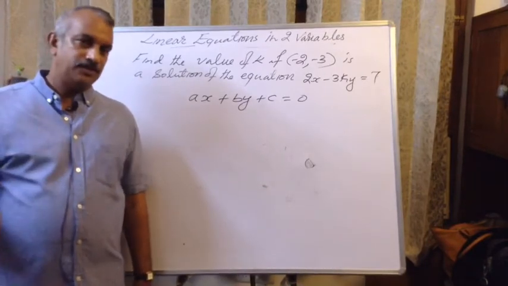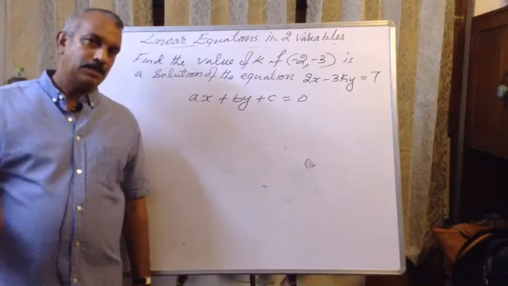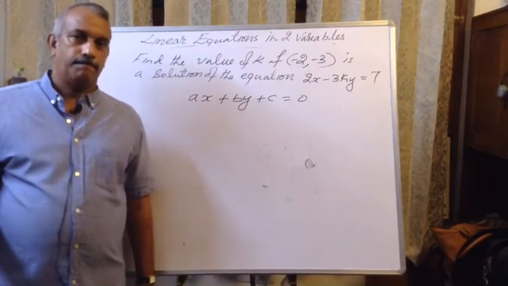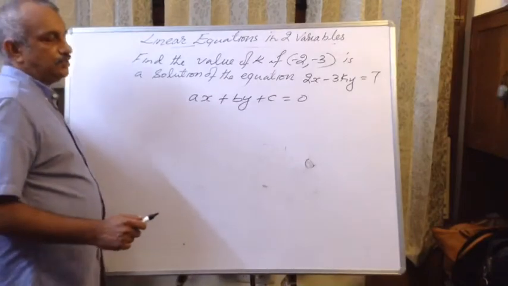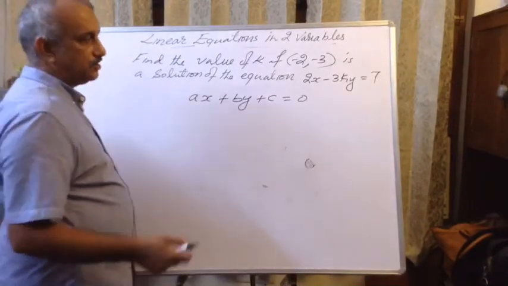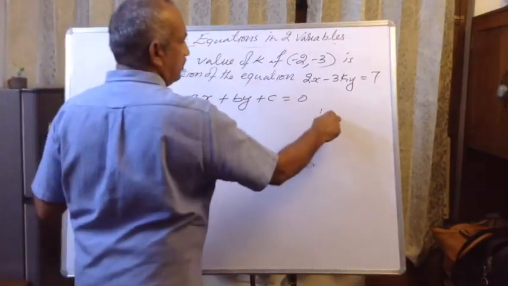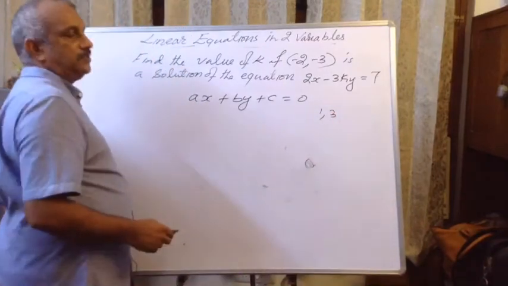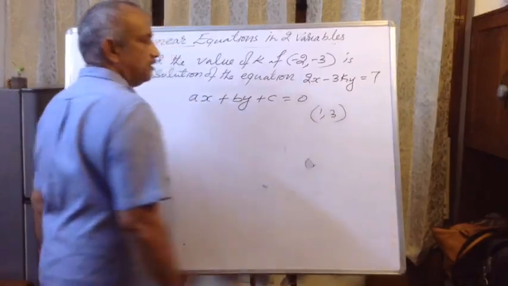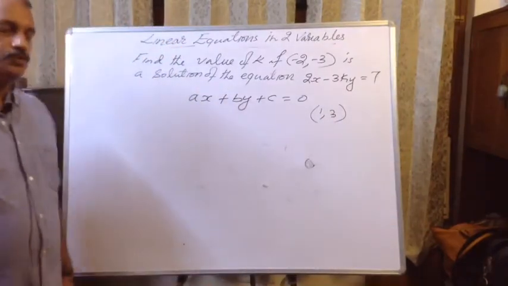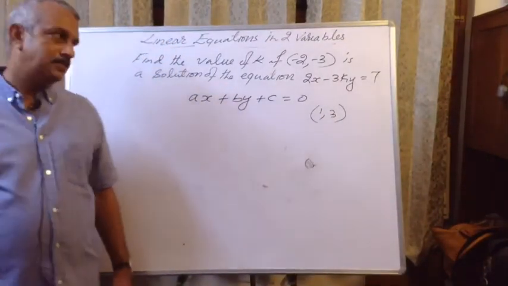If your graph is not a straight line, that means your calculation is wrong. That is why if you find three solutions, means x is equal to 1, 3, means when you put x is equal to 1, suppose y you are getting 3. This is one solution. Now we have learned in last chapter how to plot points on a Cartesian plane.